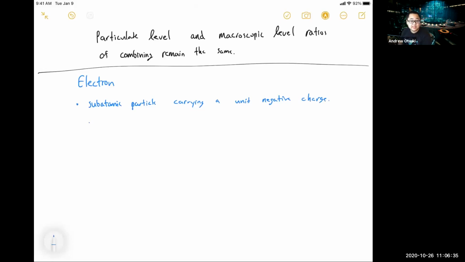It has a mass, so you don't need to worry about this too much, but to get you thinking about how small an electron is, it has a mass that is 1/837 of the mass of a hydrogen nucleus.